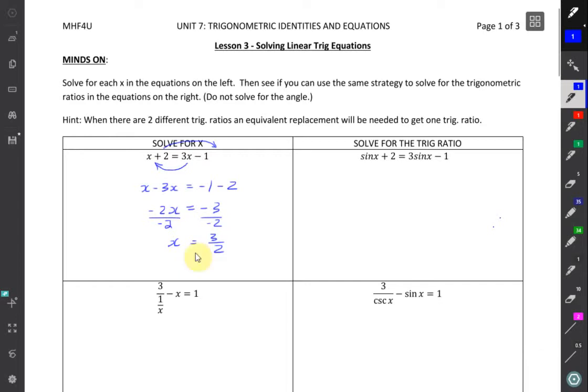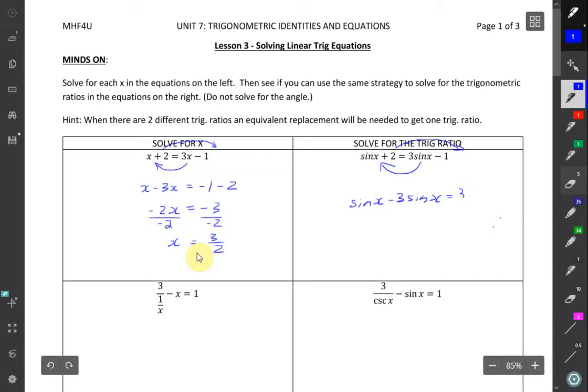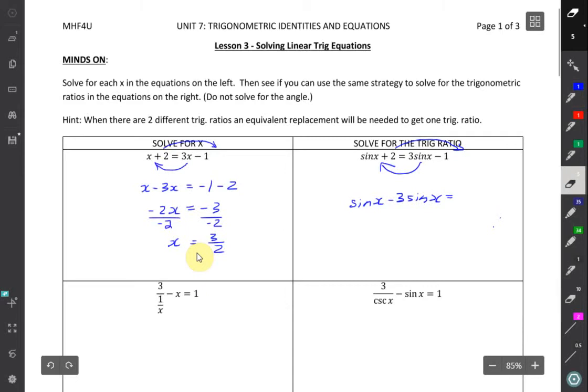Now what we want to do is use a similar strategy on the other side using trig ratios. So once again, we want to bring this 2 to the other side and change its sign. And now we're going to bring the 3 sine x over and change its sign. That leaves us with sine x minus 3 sine x is equal to minus 1 minus 2.